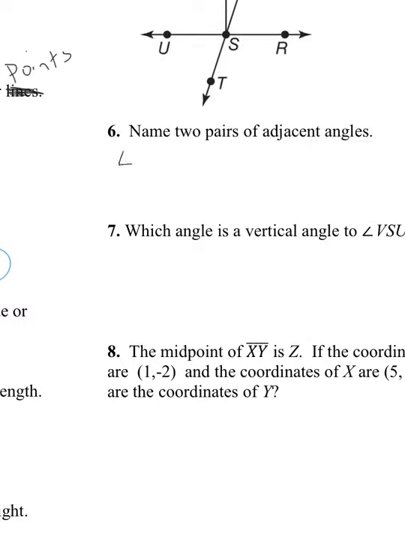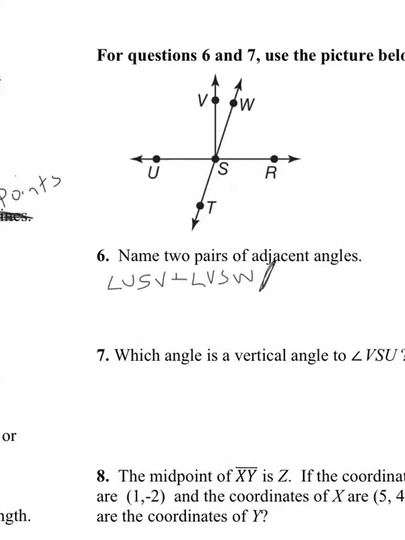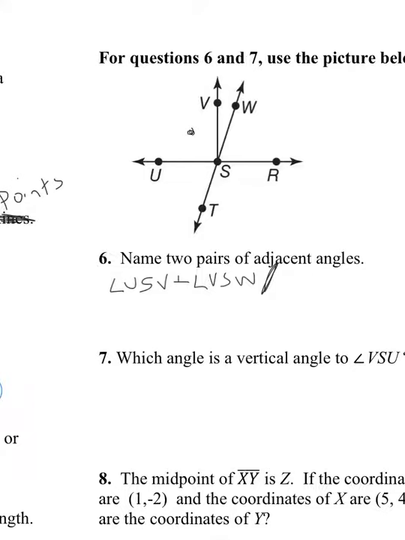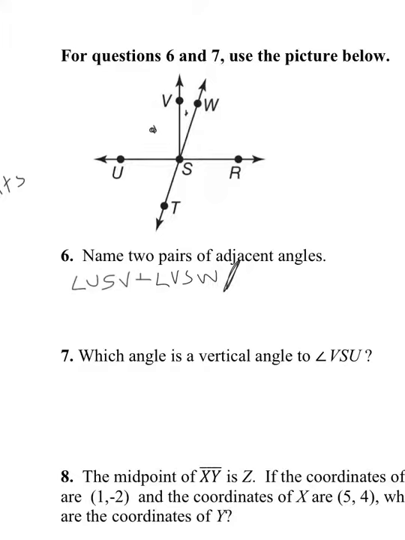So we have, we'll start with angle USV, and that is adjacent to VSW. Okay, and those are the two here, here, and here. But then, if you want to look at another pair, I'll use another color here, we can take this one again and go with that one.